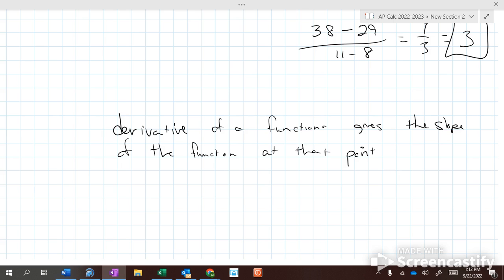So if I have the function f of x equals x squared plus 4, and I want to find the slope of that function, I have to work with its first derivative.